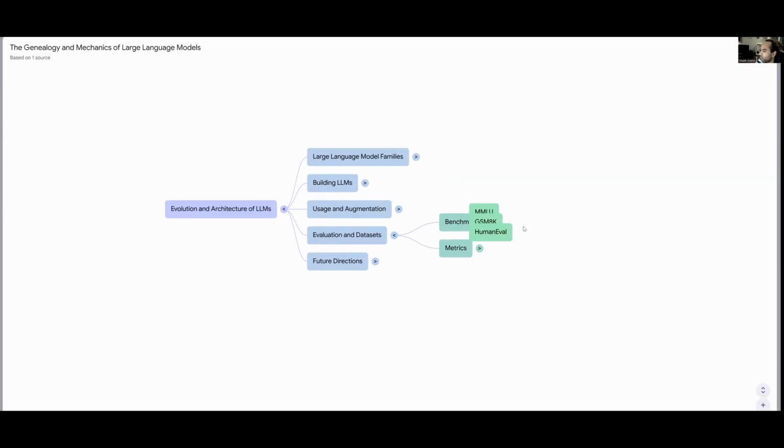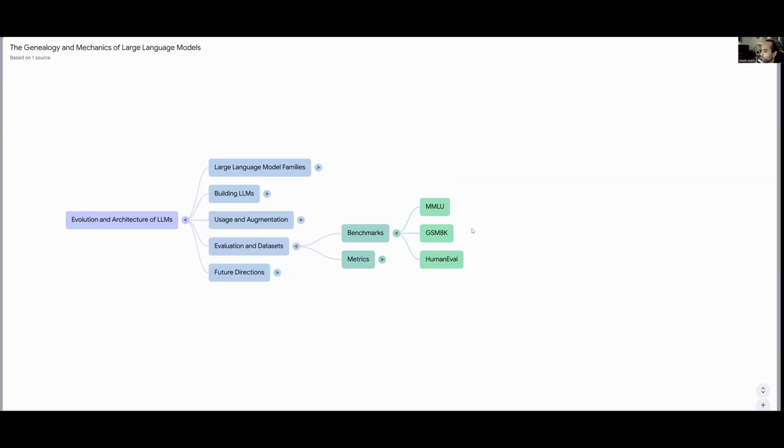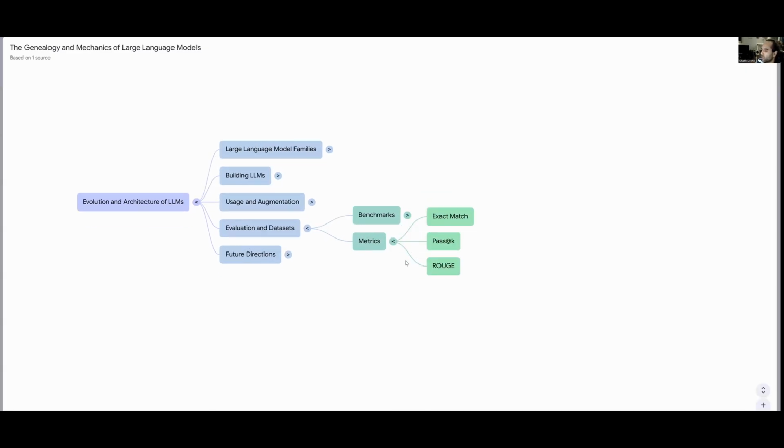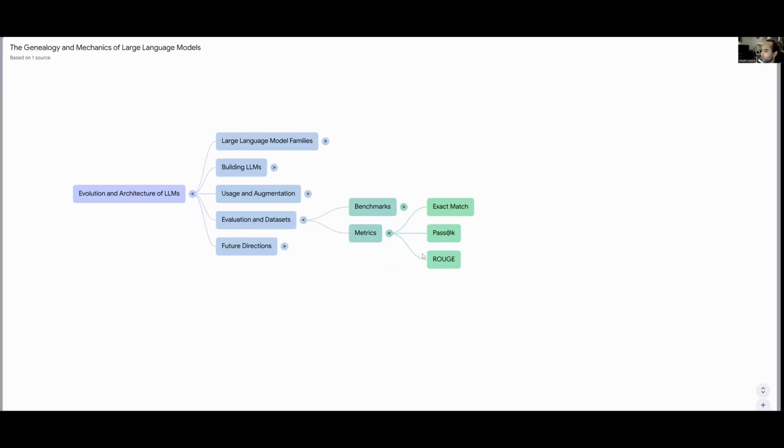To name a few, we have the MMLU benchmark, which is used to evaluate the model's language understanding. We have the GSM-8K, which is used to evaluate mathematical reasoning. And we have the HumanEval benchmark, which is actually for coding and programming. Also, we have metrics that are used to measure the performance of these models.